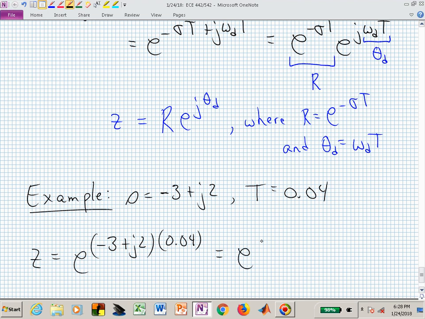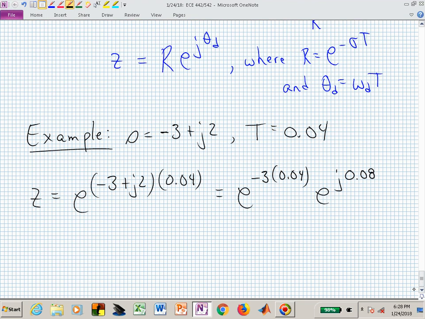Or that's e to the minus 3 times 0.04, e to the j 0.08. e to the minus 3 times 0.04 is minus 0.12. e to the j 0.08.